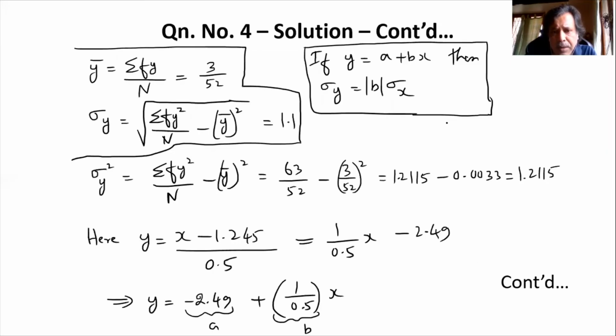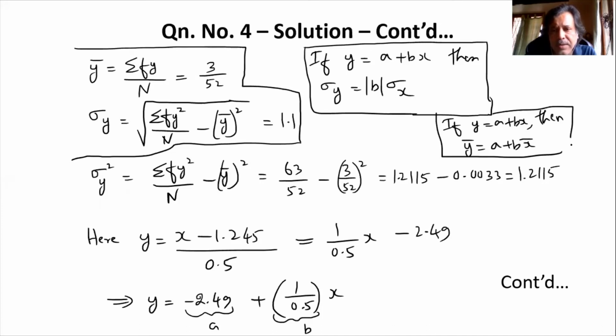One more property. If y equals a plus bx, then there is a property for measures of central tendency which says y bar will be a plus b times x bar. So let us use this and find out what is x bar in the next slide.